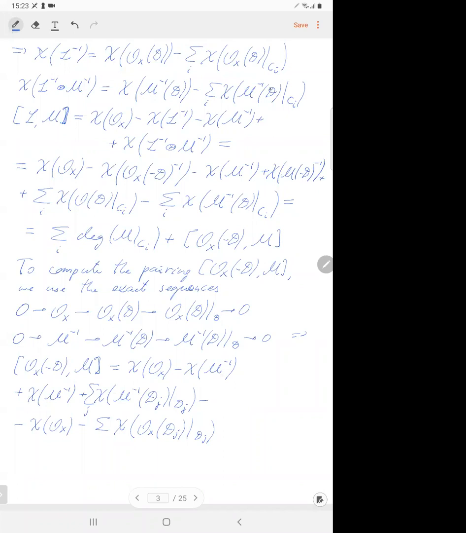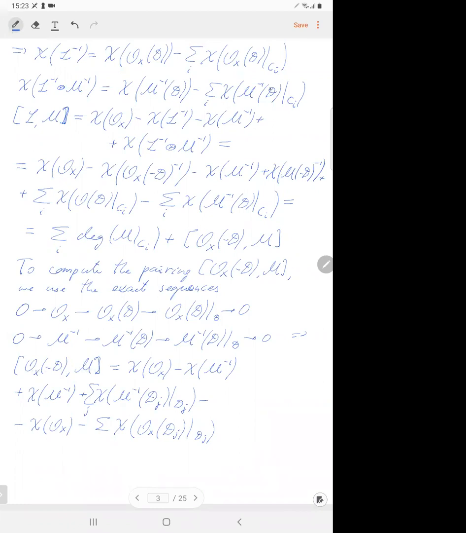And what did the tensor product turn into? It is M inverse of D. Yeah, when I have two line bundles, we need the Euler characteristic of their inverses' tensor product, right? And this will be OX of D tensor M inverse.